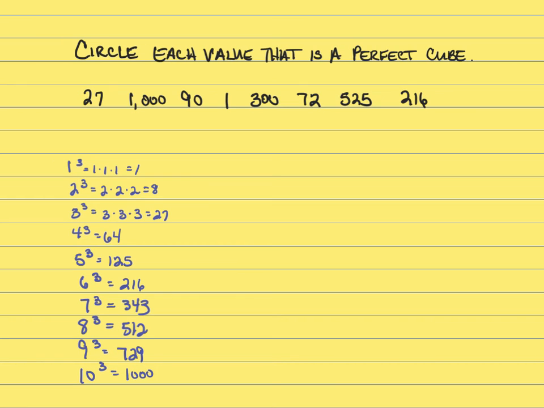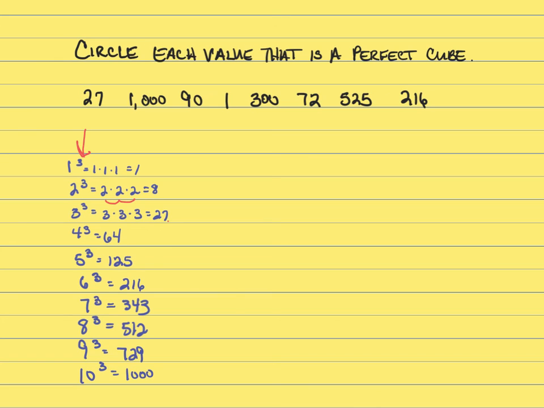In this section, the directions are to circle each value that is a perfect cube. Again, as you can see, I went ahead and made my chart in advance to save time. We have a little review. 1 cubed, or 1 to the third power, is 1 times 1 times 1, and that equals 1. 2 to the third power, or 2 cubed, is 2 times 2 times 2, and that's equal to 8. 3 cubed is 27, and so on and so on.